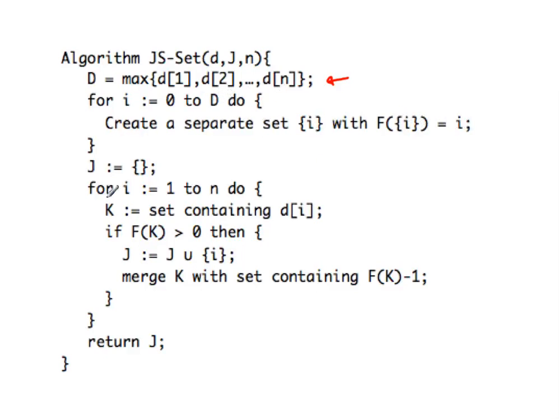Now we start with the empty set of jobs, and for 1 to n, for each job, we first compute the set which contains that job. If the set has a feasible value, the smallest slot below its deadline, then we include this job in our solution. So we augment the set J to include i, and we merge the current set with the set containing f(k) minus 1. This is the repeated thing that we do. If we do find something which has f(k) equal to 0, we ignore it, and at the end we return the set J.